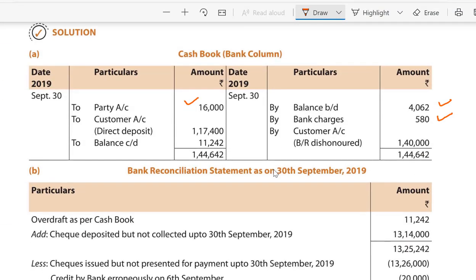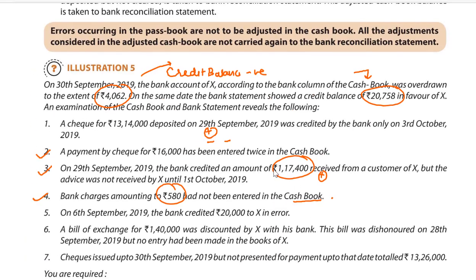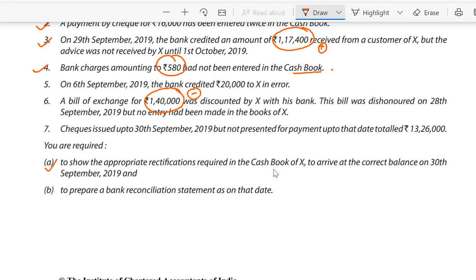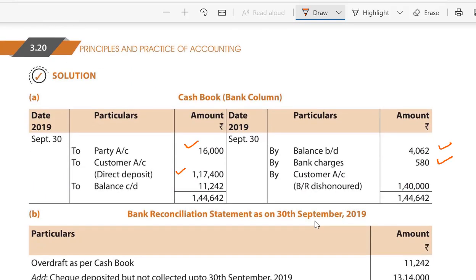So 1,17,400, as you can see over here, and there is a dishonor of bill. Dishonor of bill, that is 1,40,000. We need to pay it back. So the bank will deduct from the passbook, and from the cash book also we need to deduct, minus 1,40,000. So over here minus 1,40,000. All these transactions relate to the cash book.